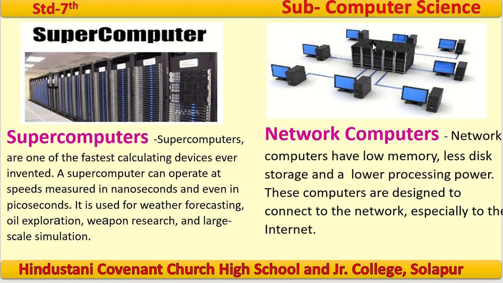If there is a server that is processing, there is no need for them to have more disk space, because they are storing data in the server. If I have low processing power, it's okay, because the processing is done with the help of the server. So these network computers are connected to the server, or to some other processing unit.